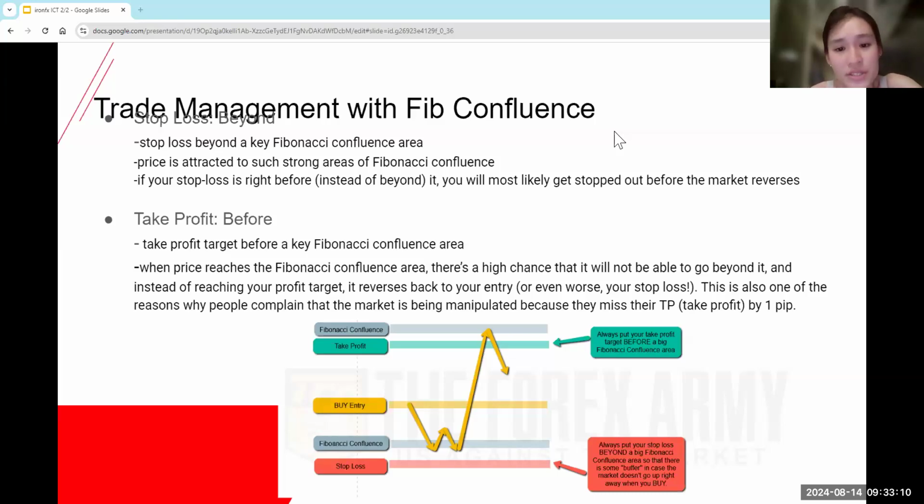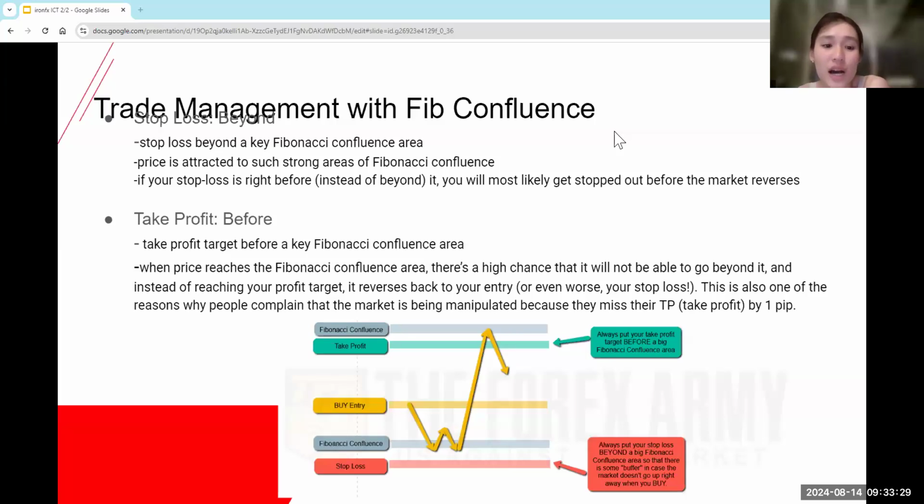And if your stop loss is placed right before instead of beyond it, you'll most likely get stopped out right before the market starts to reverse. That's one of the reasons why people start to complain about stop hunting as well.